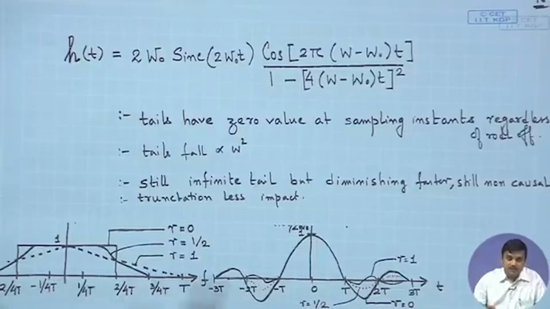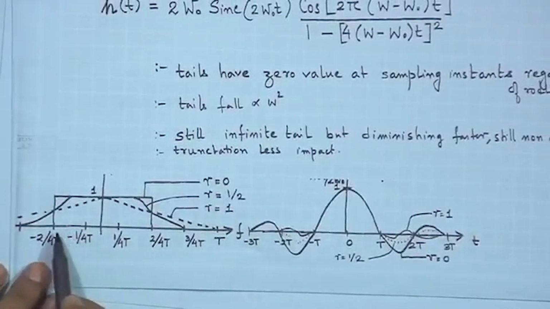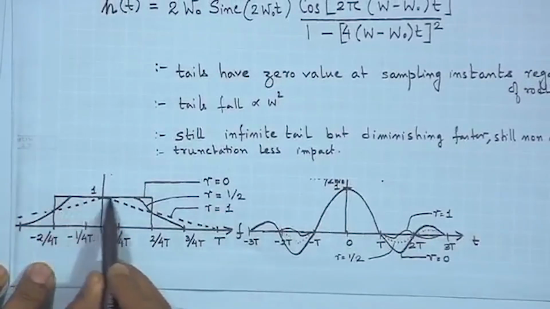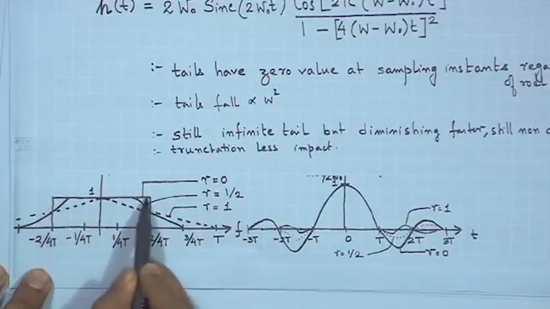So, what we see is, if I bring it to the center, that if we have the roll off factor of 0, we get the rectangular ideal Nyquist filter.